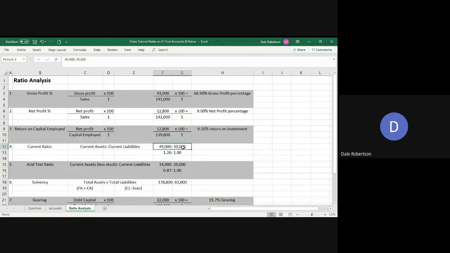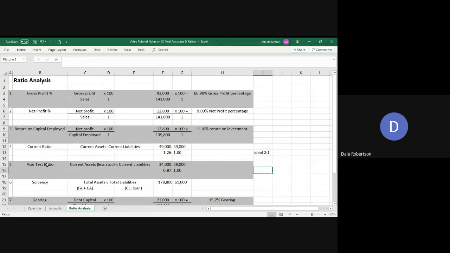So therefore, if you divide 39 into 49, that will get you 1.26. So therefore it is 1.26 is to 1, which essentially is €1.26 for every €1 that they owe. They have €1.26 with which they can pay. That's okay. However, the ideal is 2 is to 1 in a current ratio, so it's not great.